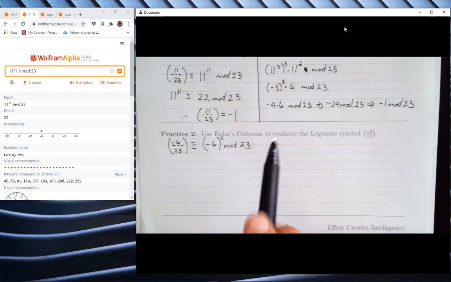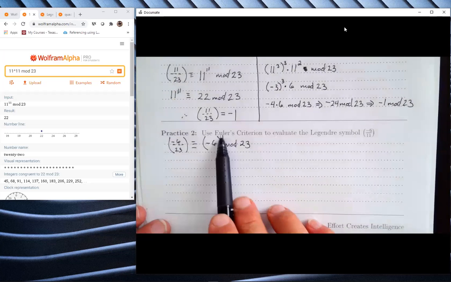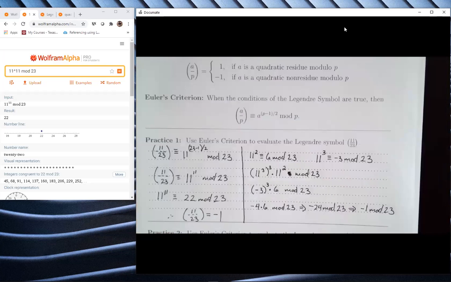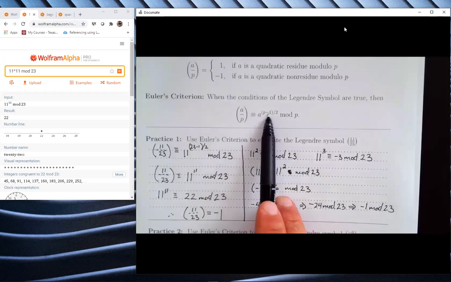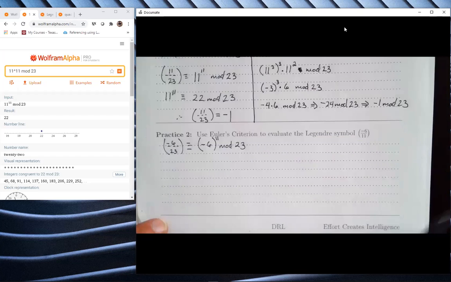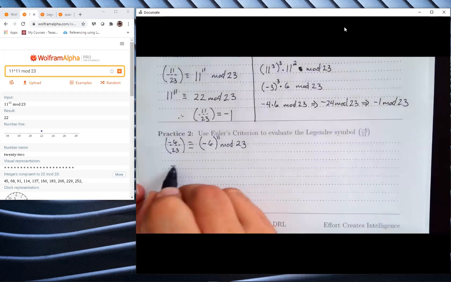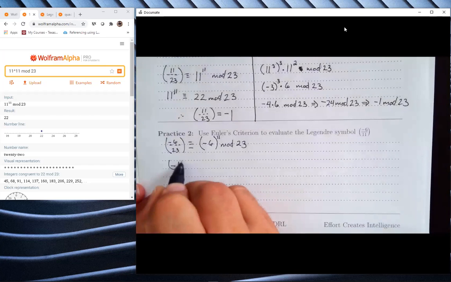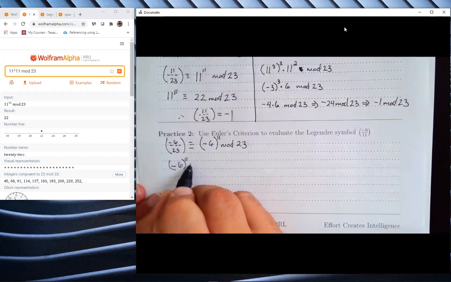Now, where did we get the 11th power? We got it by saying 23 minus 1, which is 22, divided by 2. So we would then need to figure out what -6 to the 11th modulo 23 is.